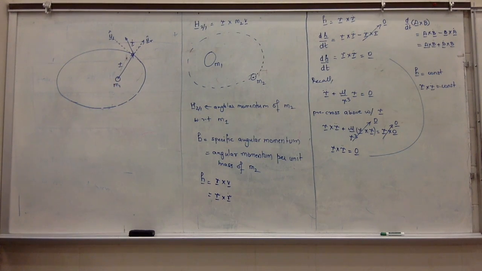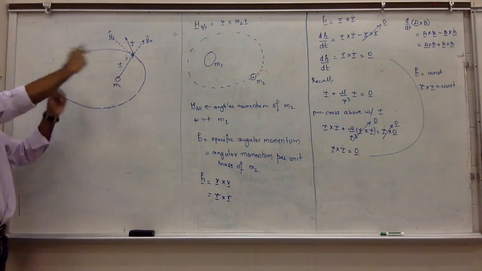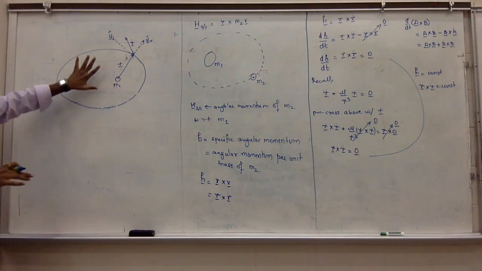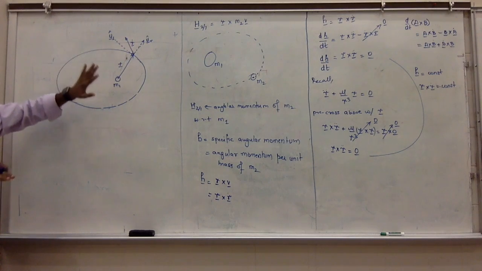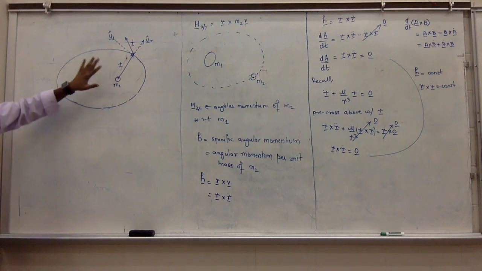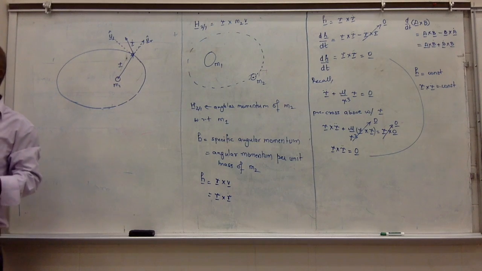Now think about this as the plane, the orbital plane. The motion is always limited to a plane. Orbital motion is always limited to a plane. It doesn't come out of the plane at any time. That is what is being displayed there.